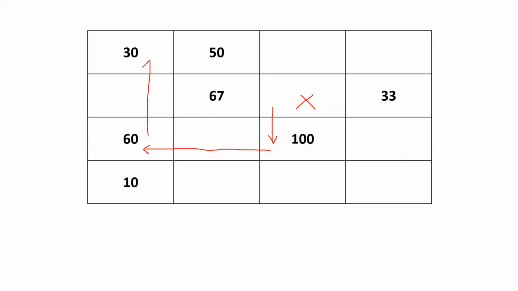Okay. Next, from here to 50, from 50 to 67, and finally from here to the cell where I started. Okay. Now this completes my loop or your closed circuit.